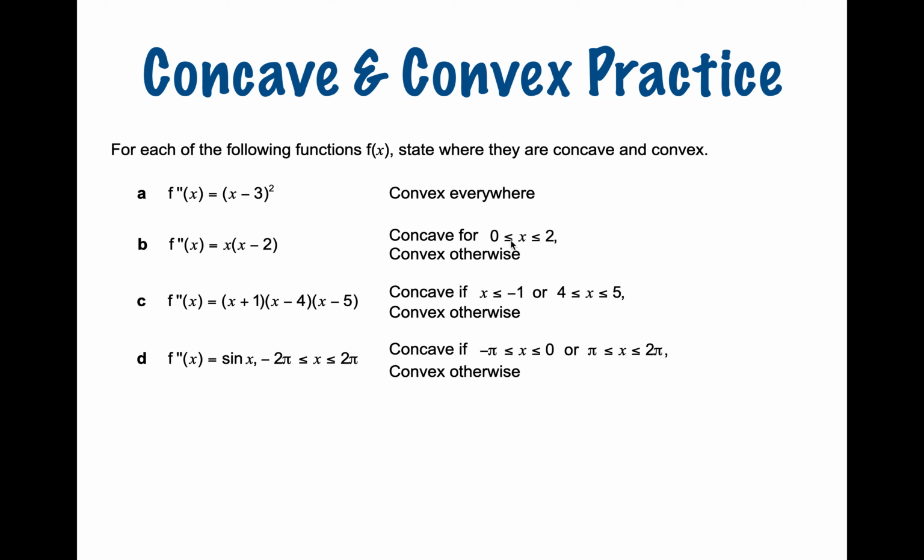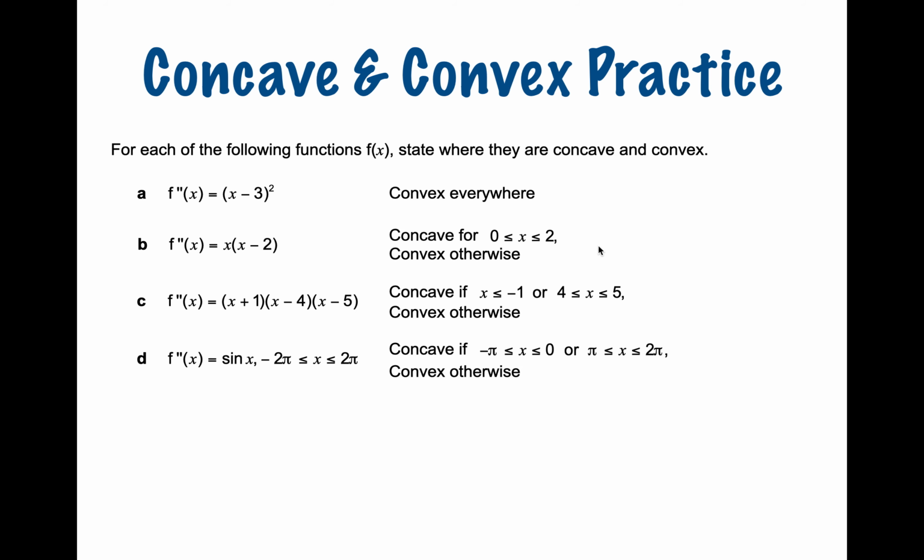So it's a little bit confusing because when x equals 0, for example, the curve is simultaneously concave and convex, and normally we would say it's concave for x is greater than 0 and convex for x is less than 0. So we wrote to the exam board and they said that if you use the inclusive inequality or the exclusive inequality, as in with a little equal sign or not, they would accept both answers. So don't worry about it too much, but it's a point worth mentioning because it does seem a little bit counterintuitive that it's concave and convex at certain points.